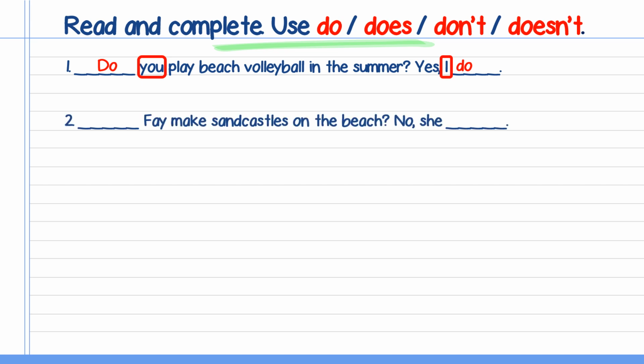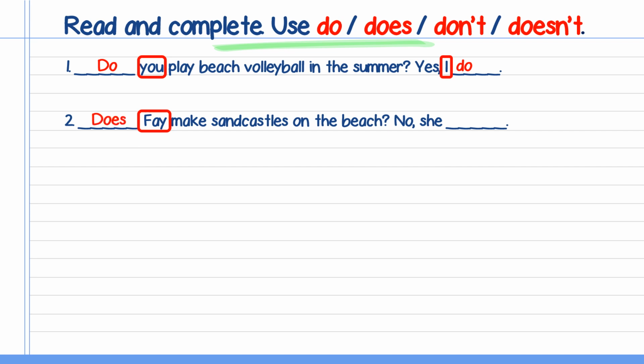Question number 2. Faye make sandcastles on the beach? No, she. The first keyword here is Faye. Faye is the singular subject. So we use does.